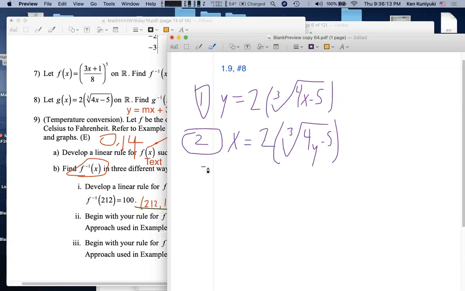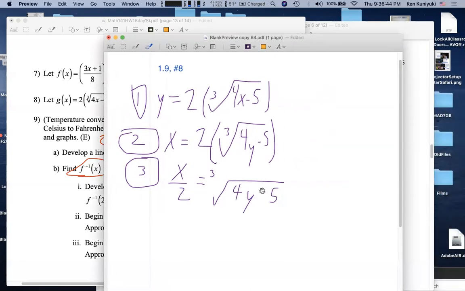So we're switching x and y. 3, you're solving for y. Start by dividing by 2. Okay. So x over 2 equals the cube root of 4y minus 5. All right. What then undoes a cube root? Cubing.